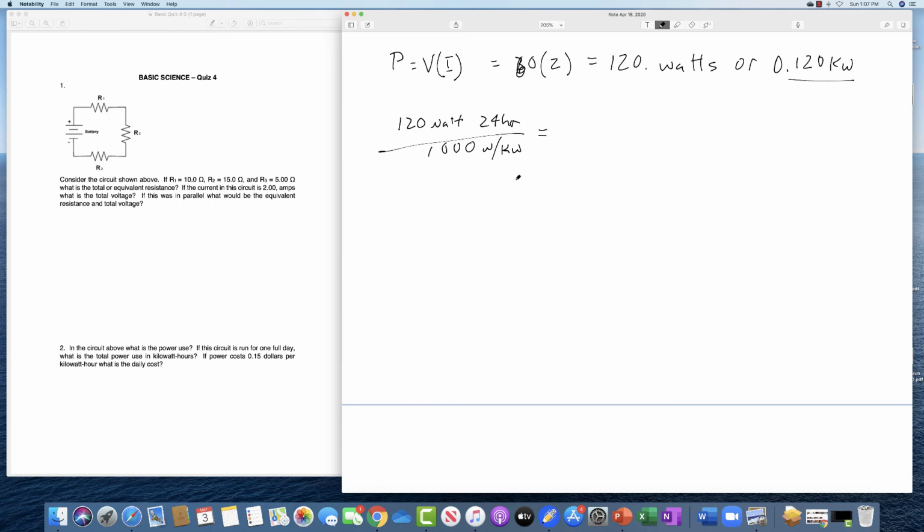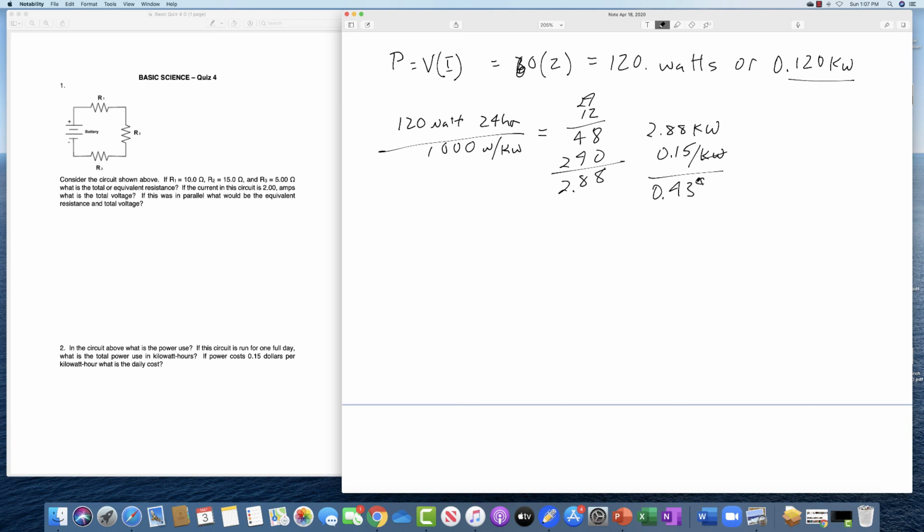And if you do that, you get 2.88 total kilowatt hours. And the electricity costs $0.15 per kilowatt hour. So if you multiply this by 0.15 per kilowatt hour, the kilowatt hours cancel out, and you end up with about 43 cents, I think it works out.